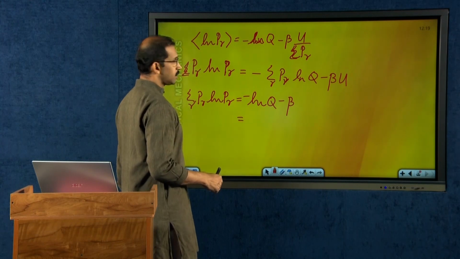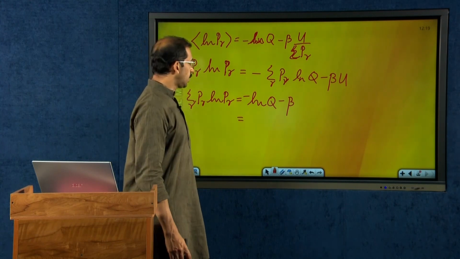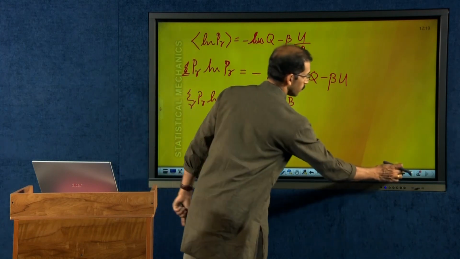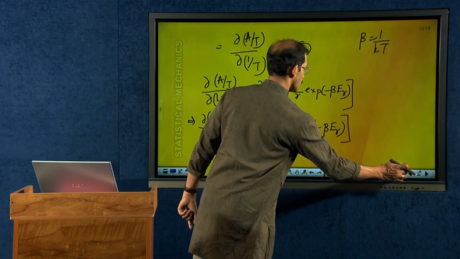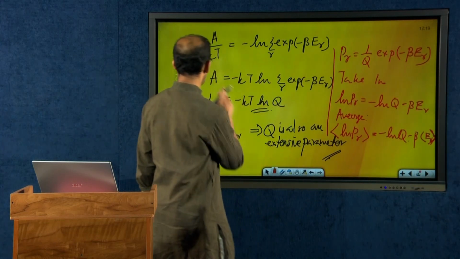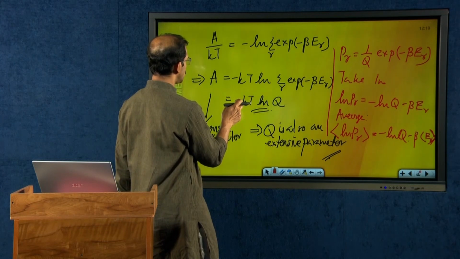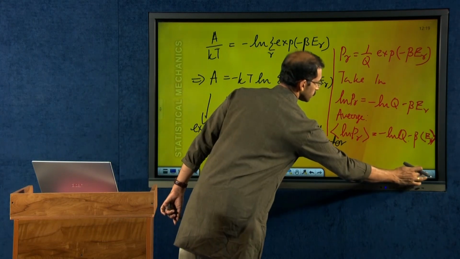We know that it is equal to A by KT, right. KT ln Q is what we defined as the A function. Here we have written A is equal to minus KT ln Q, which means that minus ln Q is equal to A by KT.